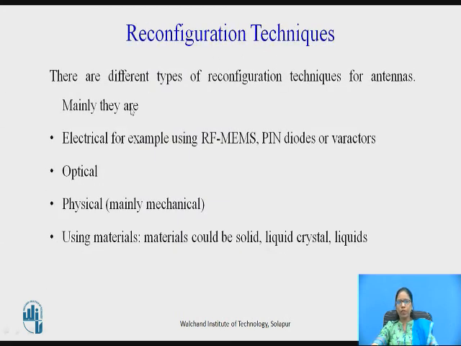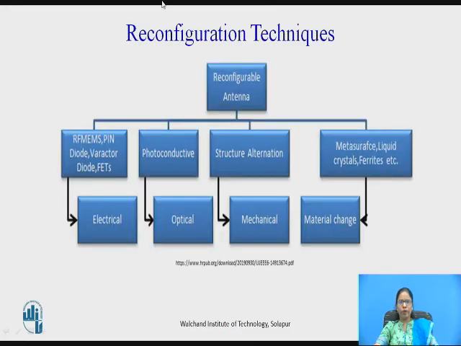Different types of reconfiguration techniques are there, such as electrical, for example RF MEMS, PIN diodes, varactors. There are optical techniques, and techniques that physically change the structure by mechanical methods, or by using materials such as solids, liquid crystals or liquids.